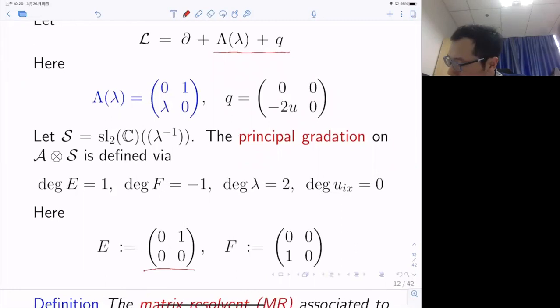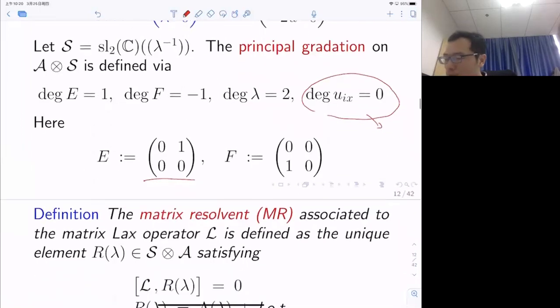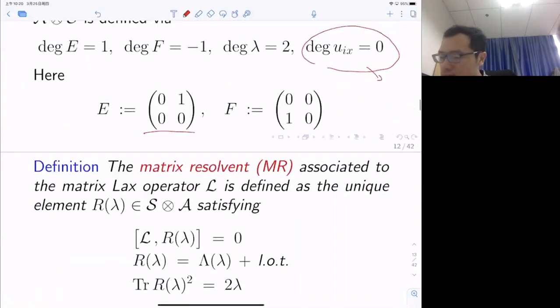And so the lower triangular matrix, this 0, 0, 1, 0, degree is minus 1, and degree of lambda is 2. And all of the elements in the differential polynomial ring are given degree 0. Of course, for different applications, you can also assign degree to u.